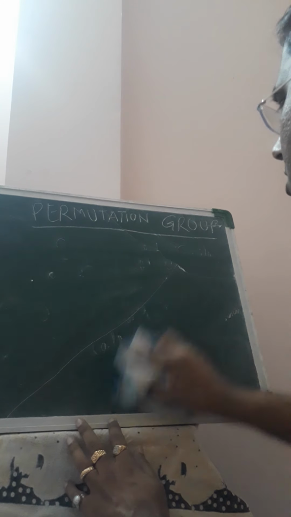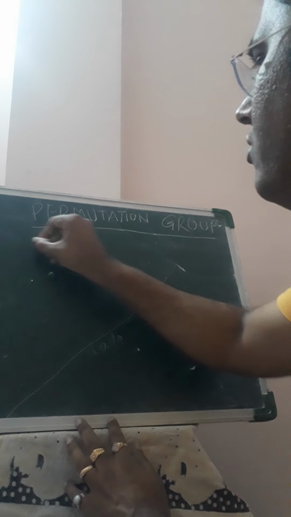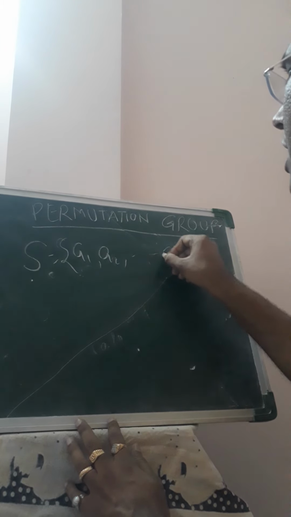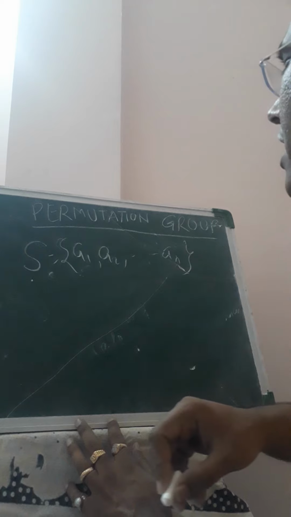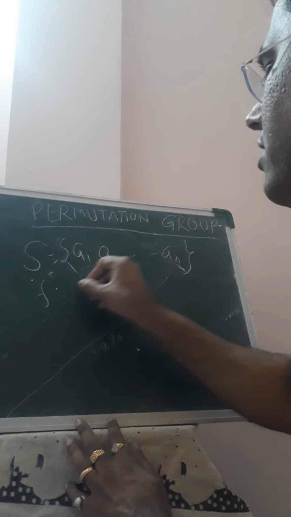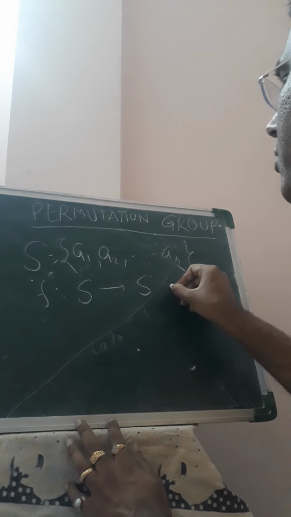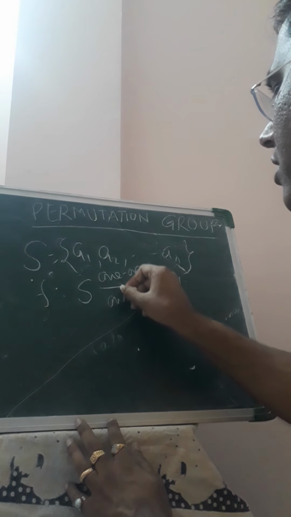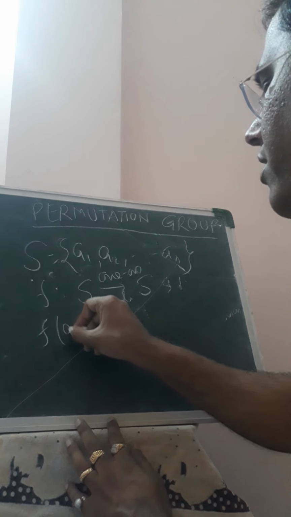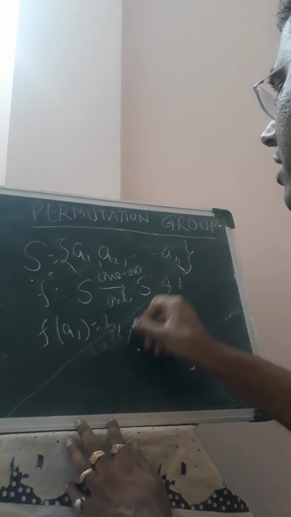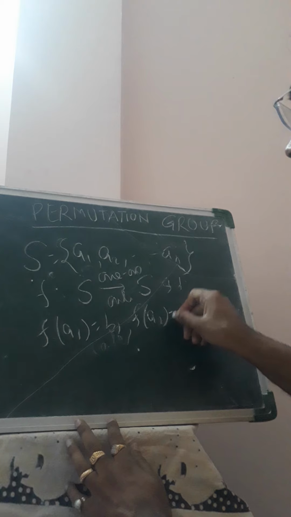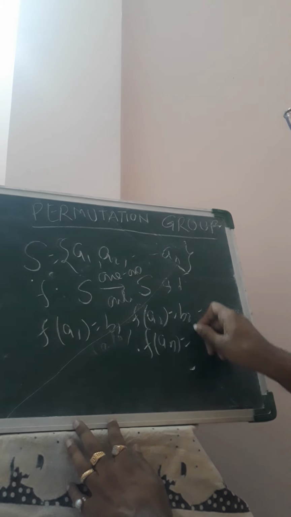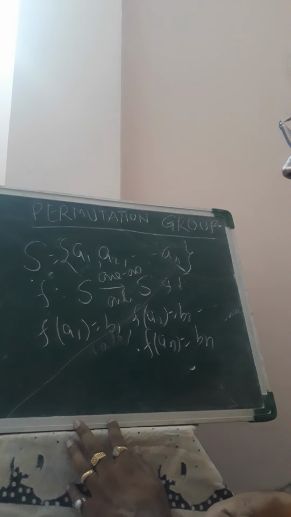So a mapping defined on a set which is 1-1 and onto is called permutation on a set S. Suppose the set S is equal to {A1, A2, ..., An}. So set S is having n elements and F is a function from S to S which is 1-1 and onto, that F of A1 is equal to B1, F of A2 is equal to B2, F of An is equal to Bn.